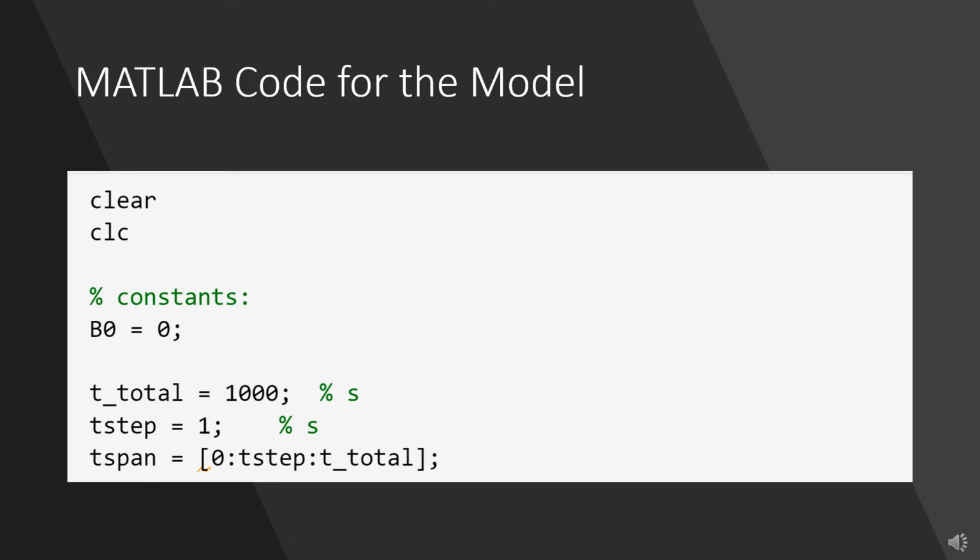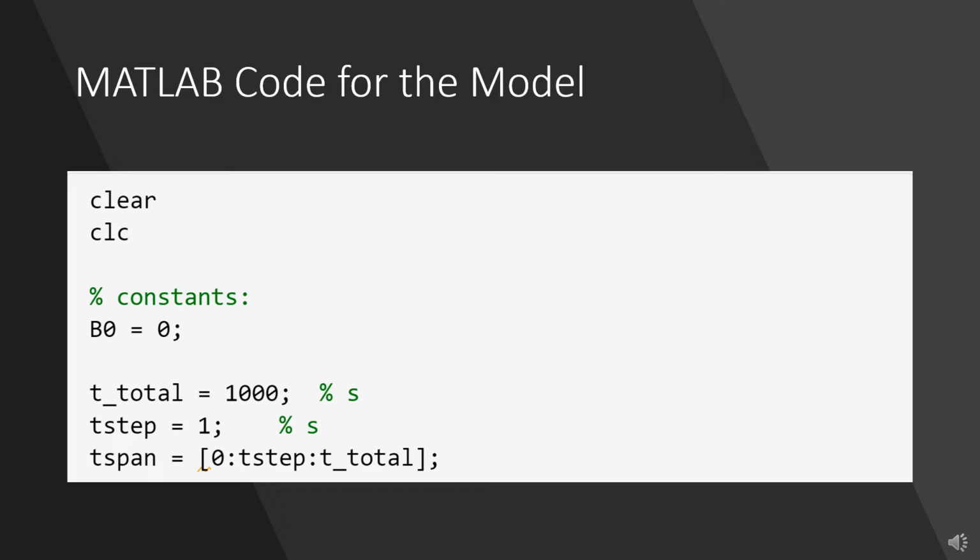We then establish the necessary time components for the model. T_total is equal to 1,000, which represents the total amount of time the model will run in seconds. T_step is the time step for the model. Here we have set T_step equal to 1, saying that the time step for each component of the equation will be 1 second.